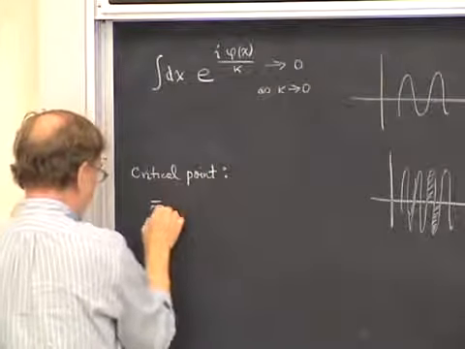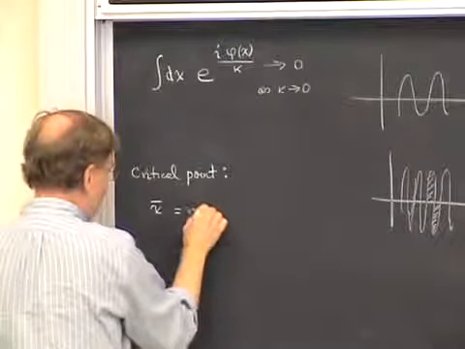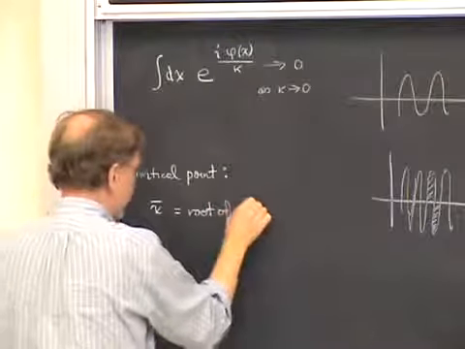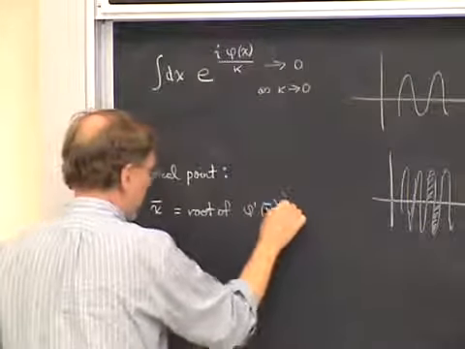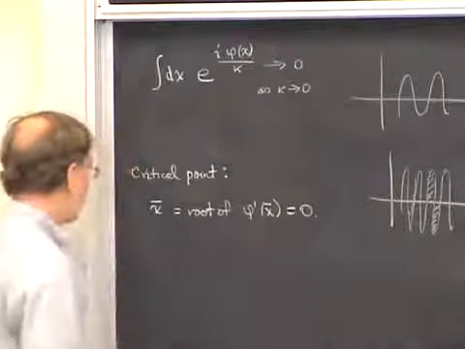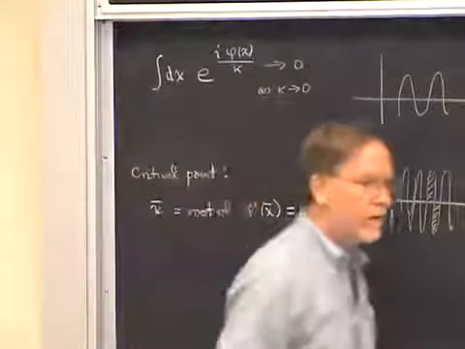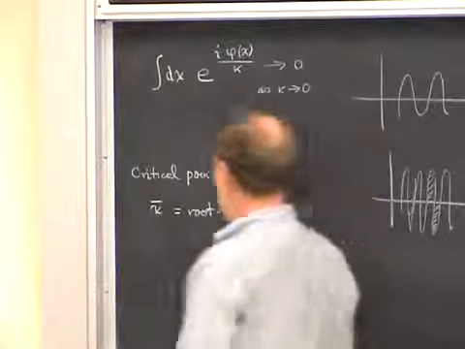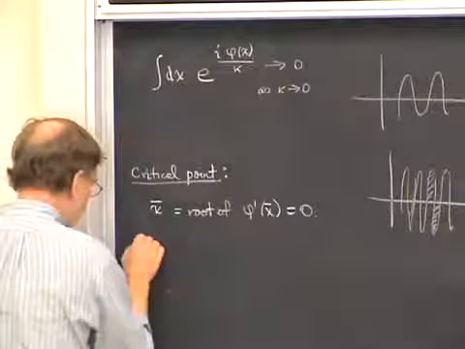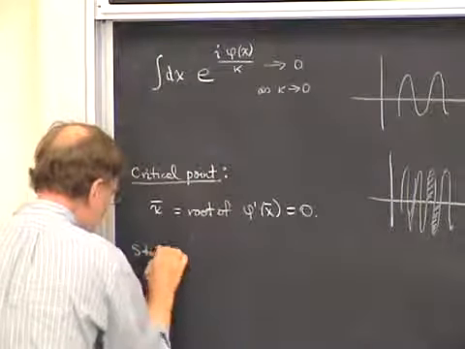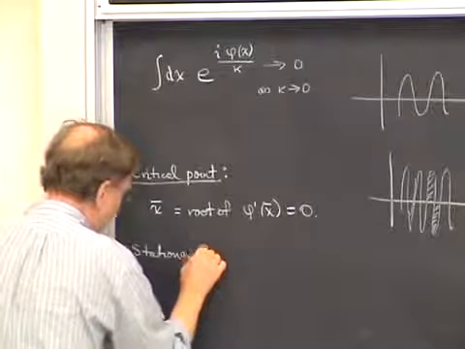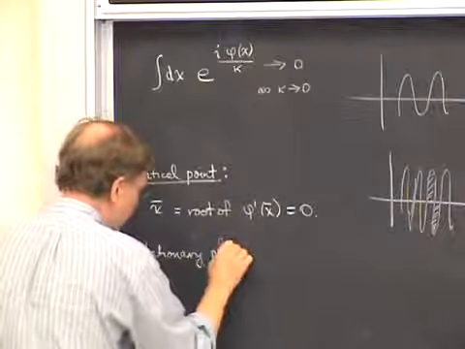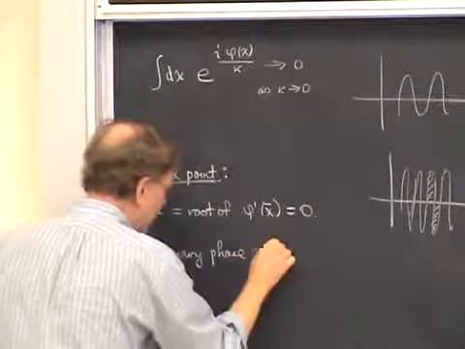Let's call it x bar. x bar is the root of the equation phi prime of x bar equals 0. In other words, x bar is just a place where the derivative of the phase is equal to 0. Math folks call it critical points. I'm going to call it a stationary phase point because it's more pictorial for our applications.